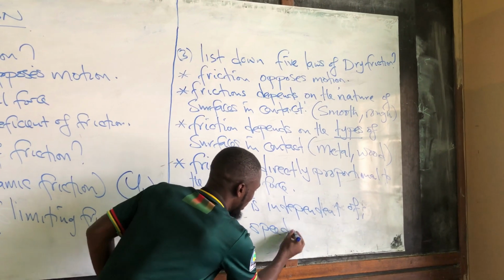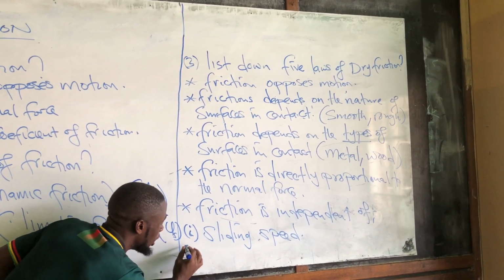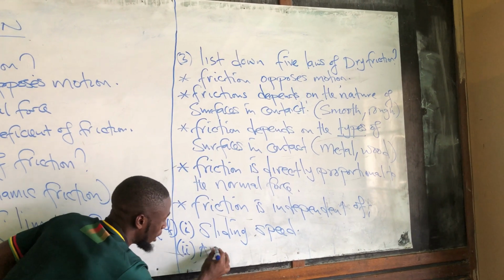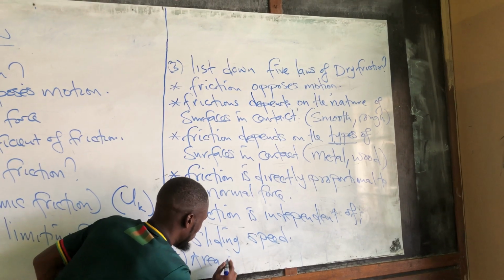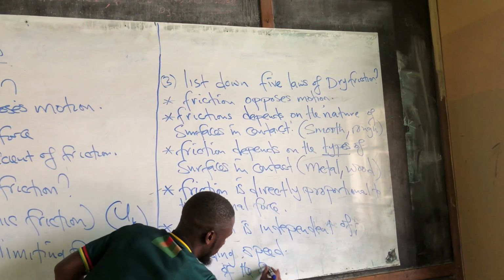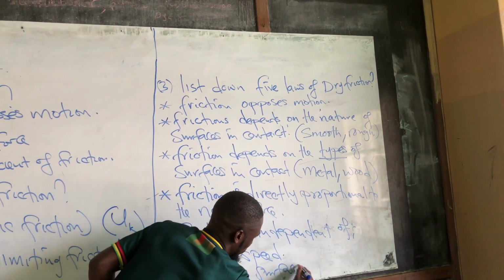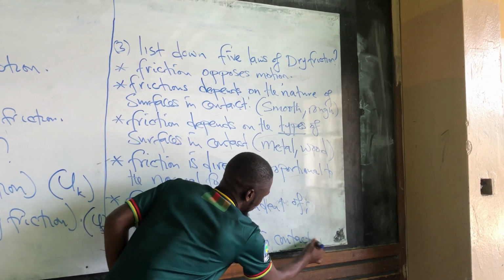Number 2, friction is also independent of what? The area of the surfaces in contact. Okay, as simple as that.